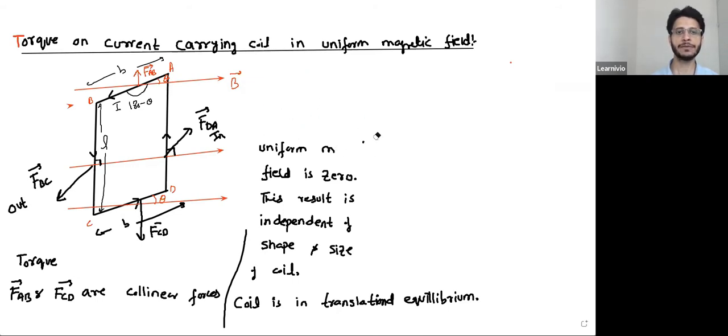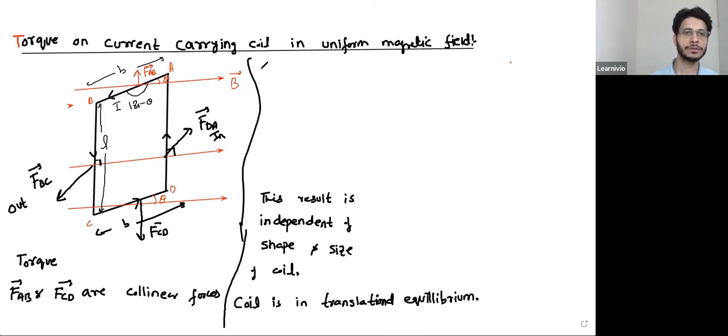Here FAB and FCD are collinear, acting in the same straight line. They don't contribute to torque.